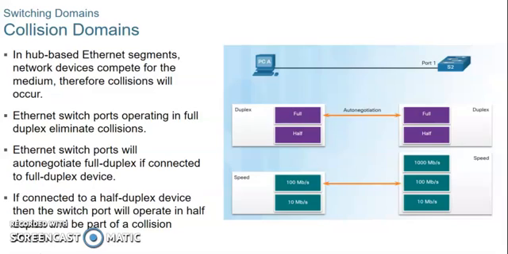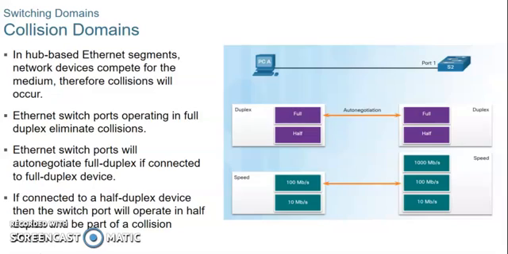Ethernet switch ports operating in full duplex mode avoid collisions because they have a separate channel for sending and a separate channel for receiving. So when an Ethernet switch port operates in full duplex mode, there is no chance for collision. Whereas if the Ethernet switch port operates in half duplex mode, definitely there is a chance for collision.